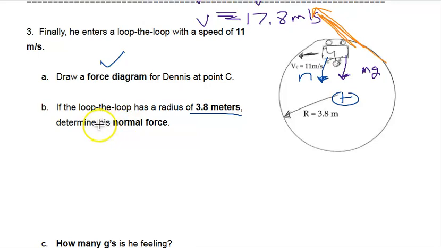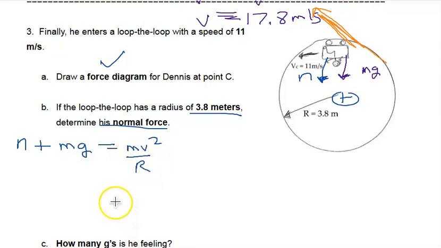We have a different radius, and then we want to find his normal force. So the normal is in, and the weight is in. They are both helping him turn. And this time we're looking for the normal.